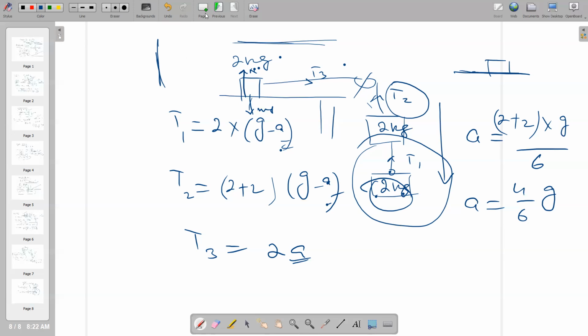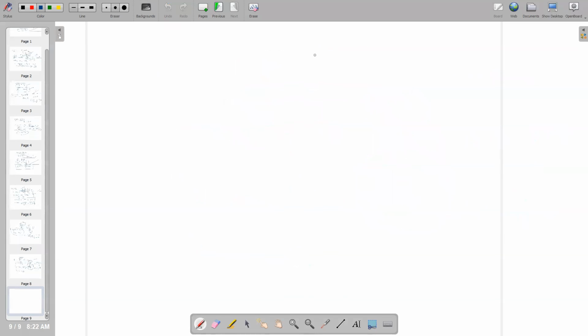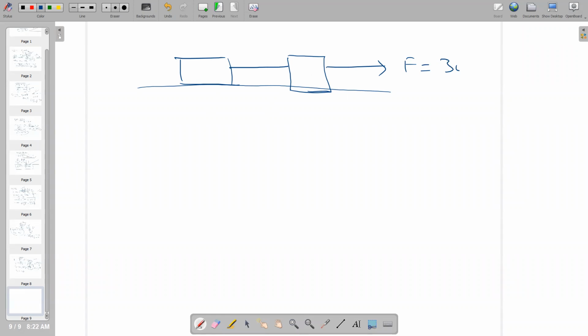The second situation, I am discussing the situations. So consider the situations and solve the problems yourself. Okay. See, the situation is this one. If this is a block and it is placed horizontally, it is connected with this and another string. And here the applied force is 30 Newton.